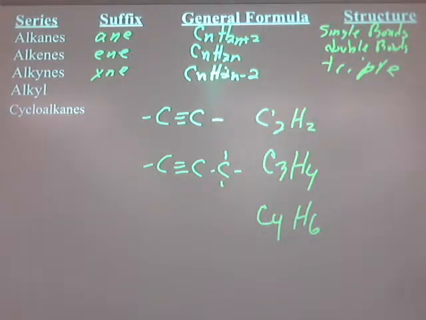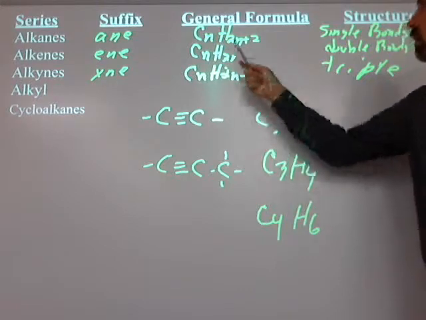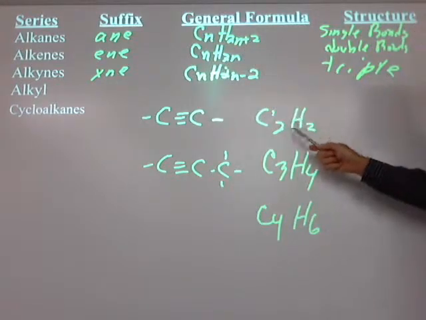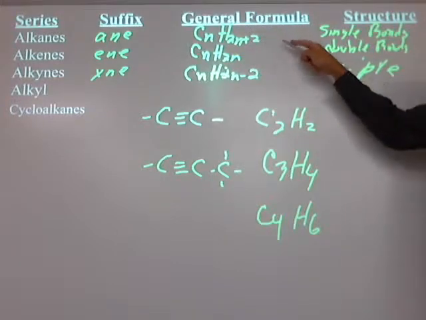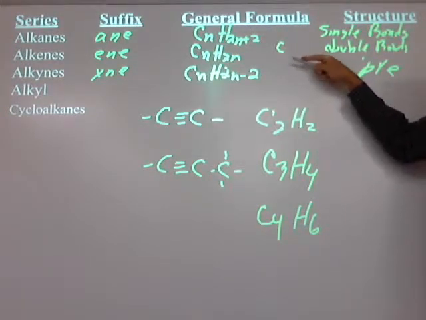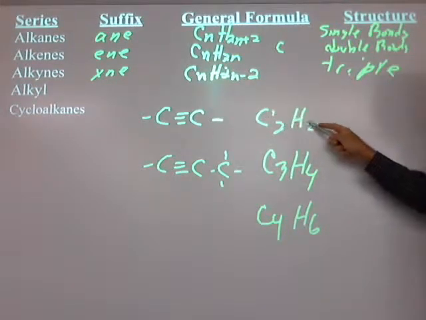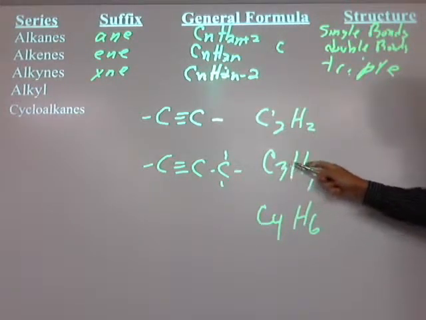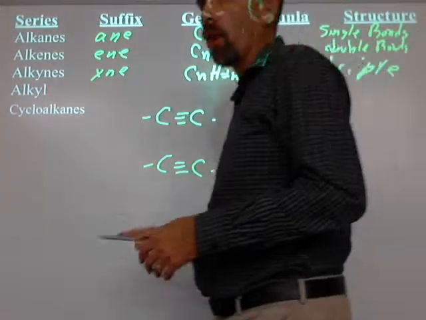See how this works, by the way, those of you, I'm sure everybody understands a little bit of algebra here. n, 2n plus 2. 2 times 2 is 4, plus 2 would be, for an alkane, 6. This is an alkyne. 2 times 2 is 4, minus 2 is 2. 2 times 3 is 6, minus 2 is 4. 2 times 4 is 8, minus 2 is 6. That's how it works for all of these, and that's how to use a formula.